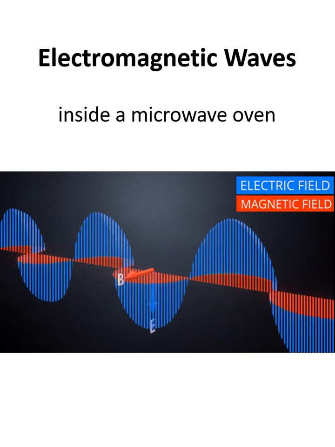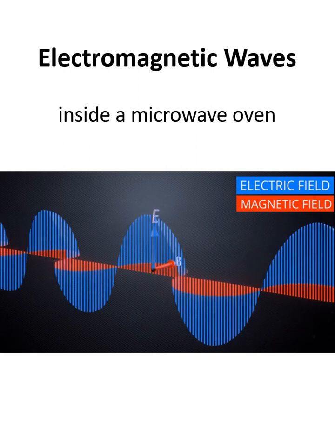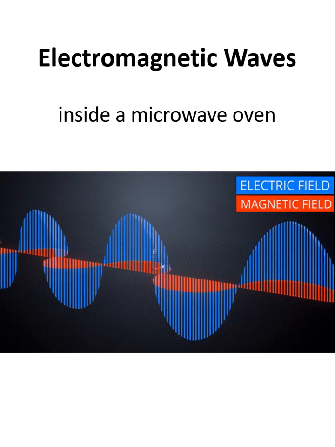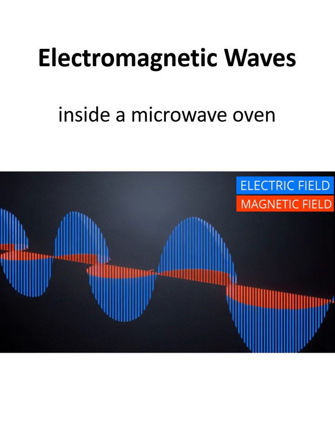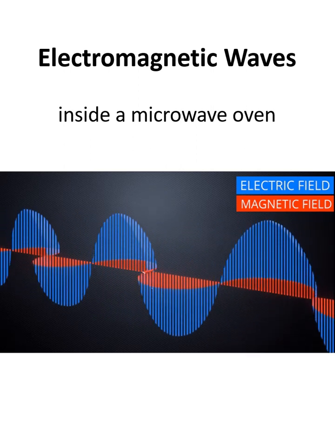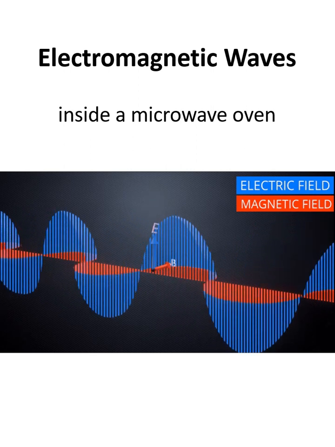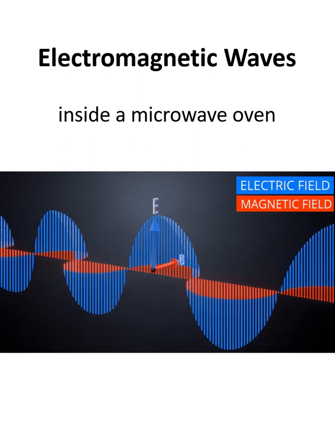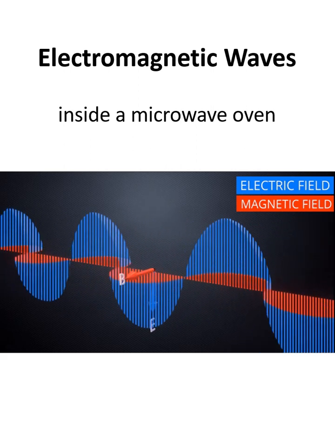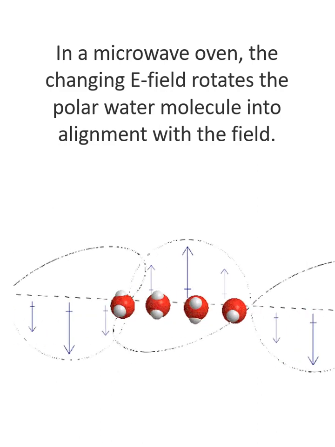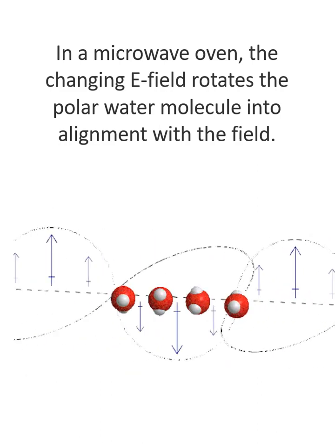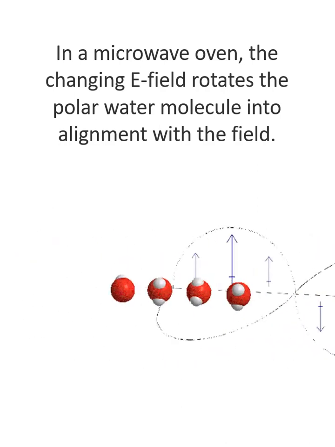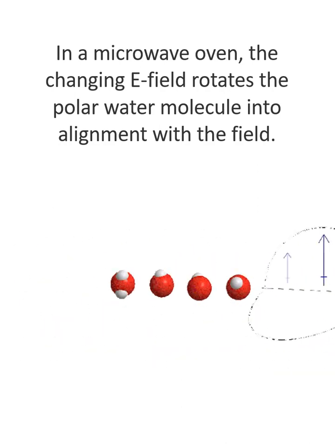And so you can imagine if there's a polar molecule in this, such as water, that polar molecule is going to keep on trying to stay aligned with the electric field, and it's going to keep on rotating. Now, a microwave oven tends to be in the frequency range of gigahertz, so this is going to be a couple of billion times per second. So when we subject water molecules in the food to this ever-changing electric field, they keep being agitated.